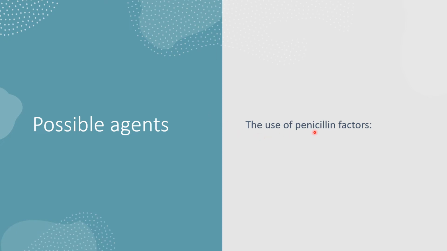So the use of penicillin could be considered in S. viridans and S. bovis. S. bovis is the old name, it is now S. gallolyticus. Okay, penicillin could be considered in those two bacteria. But there are certain factors before you select penicillin here.